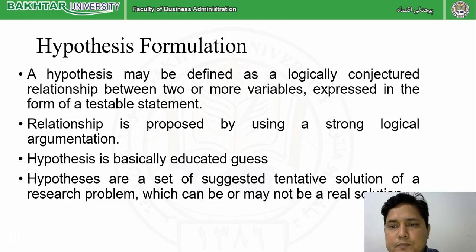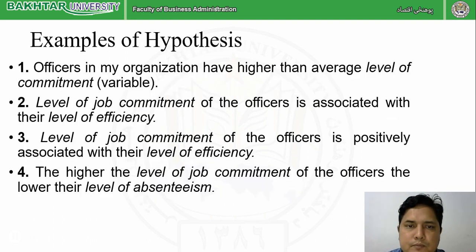For example, if the null hypothesis is that male and female students have the same IQ level, then the alternative hypothesis is that male and female students do not have the same IQ level. We will test the null hypothesis and see whether it is true or not. That is the basic meaning of a hypothesis.